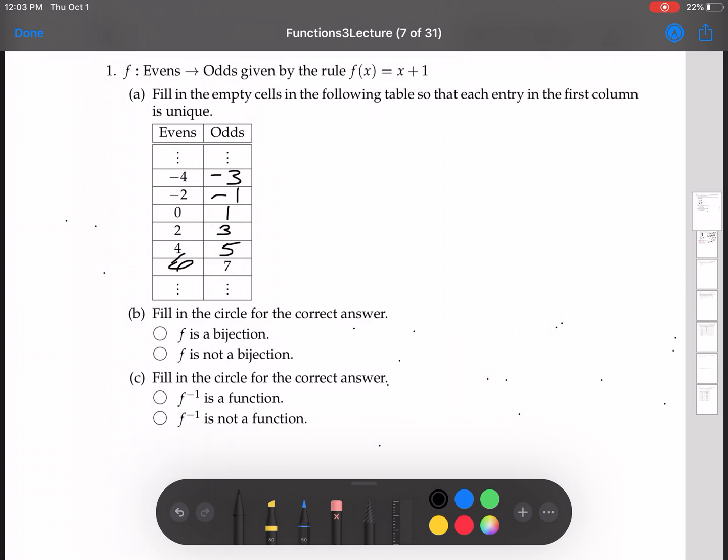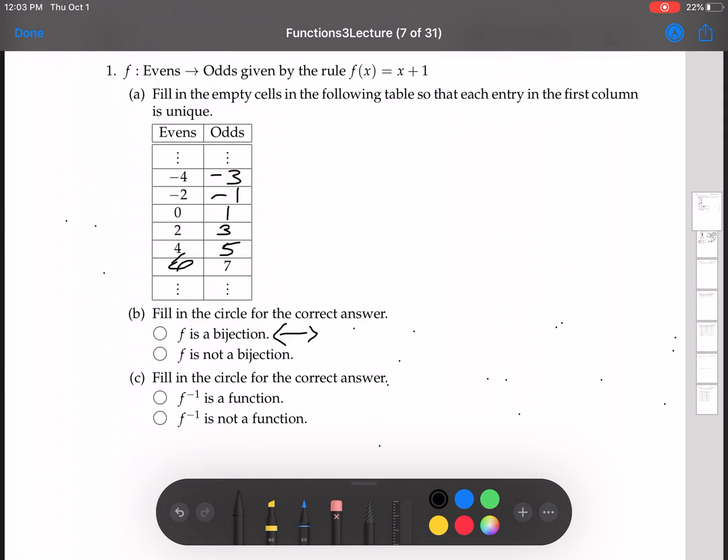All right, so now that we have the table filled out, we can tell whether or not f is a bijection. Remember, what does it mean to be a bijection? F is a bijection if and only if, that's what this double arrow here means, otherwise known as, means the same as.